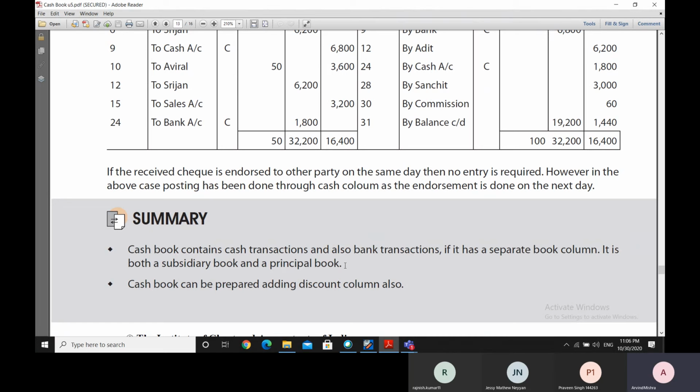It is a principal book because it works like a ledger also for the cash account and the bank account. It is a subsidiary book to the extent that entries made in the cash book are to be taken into the ledger, the ledger being the principal book.